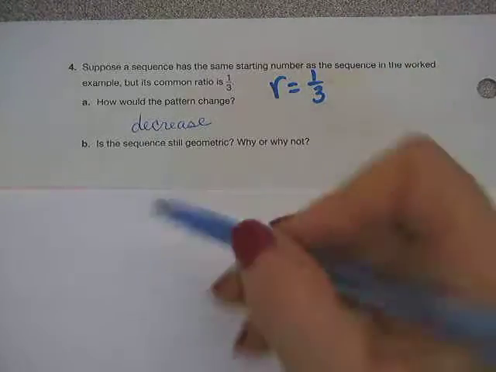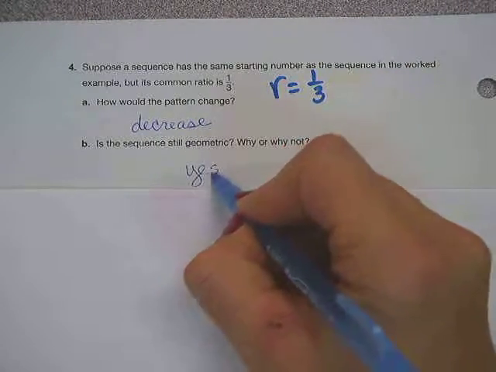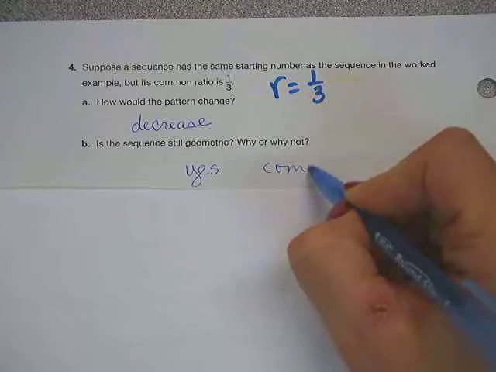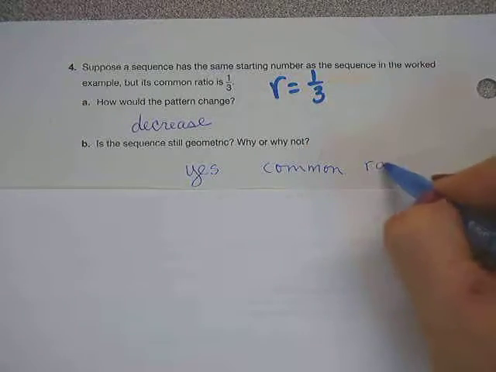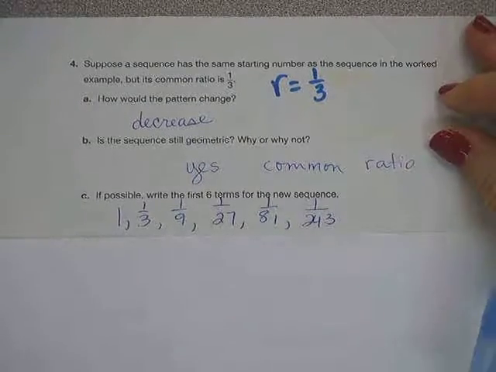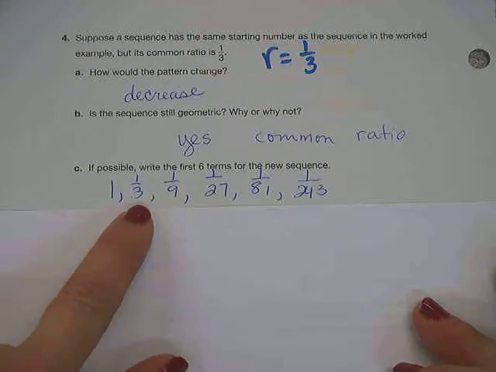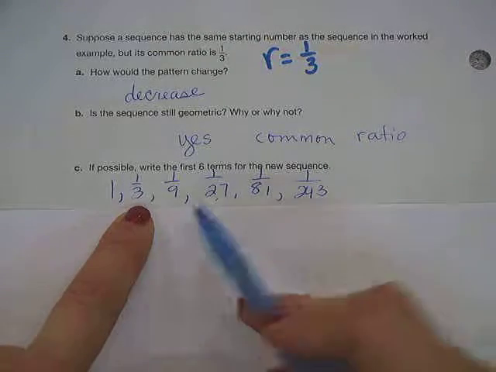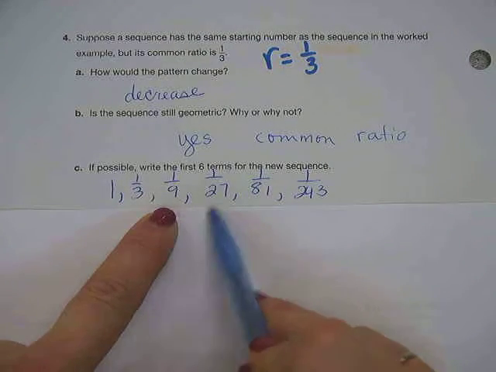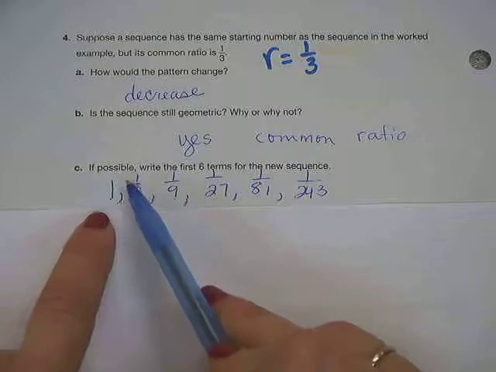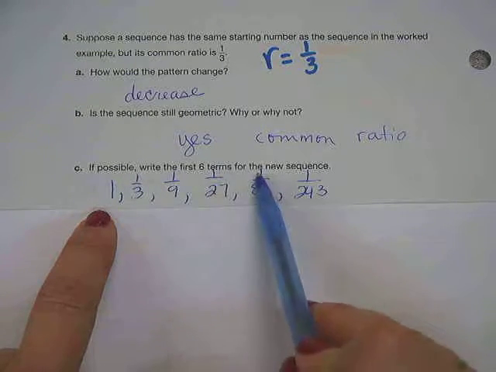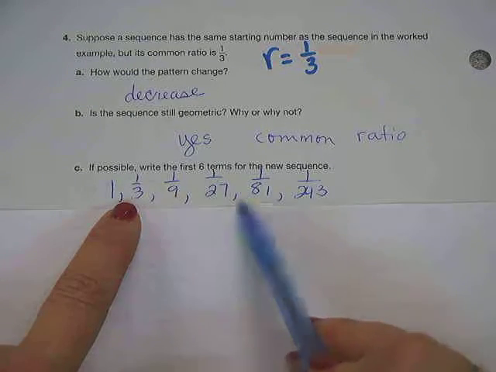It still is going to be geometric because we have a common ratio. And this is what it would look like. If we started with 1 and we multiplied by 1/3, we'd get 1/3. Multiplied again, we'd get 1/9, and so forth. Notice that our numerator is always going to stay at 1, but our denominator is tripling.